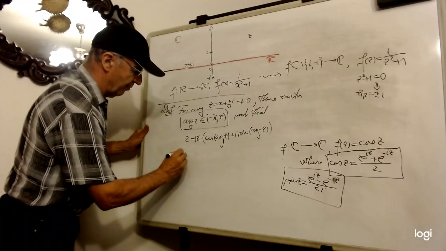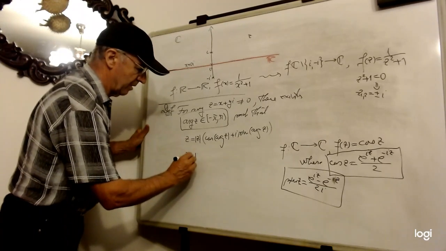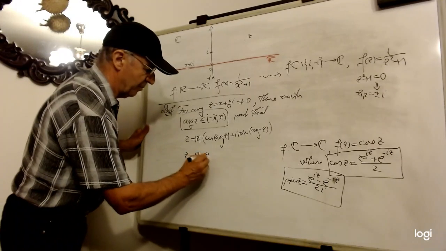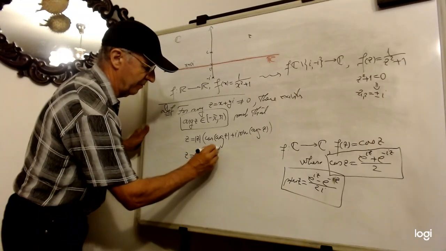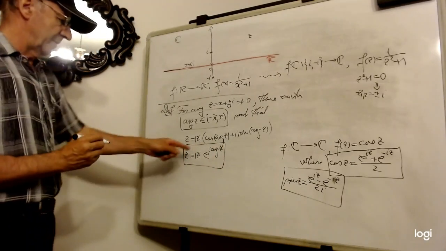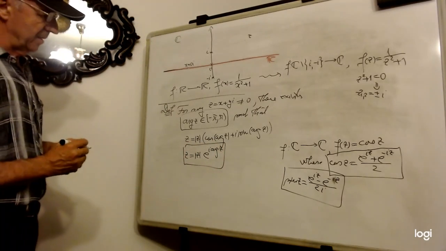And if we use Euler's formula, we can write this expression as exponential i argument of z. We have this possibility.